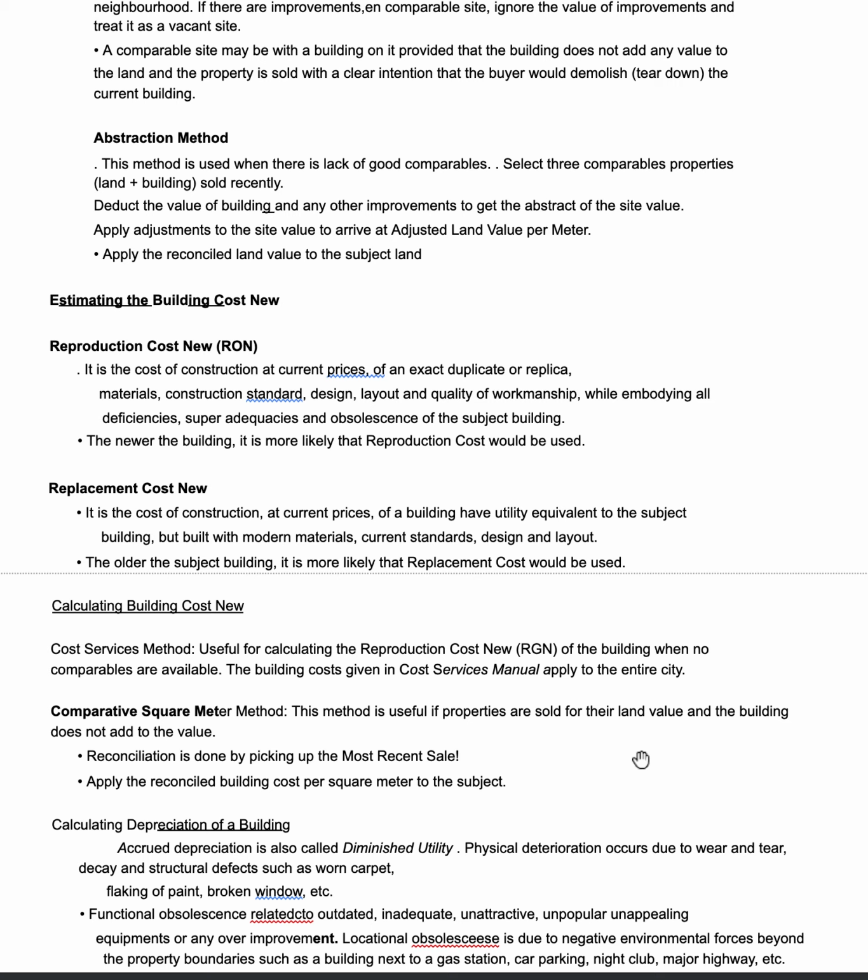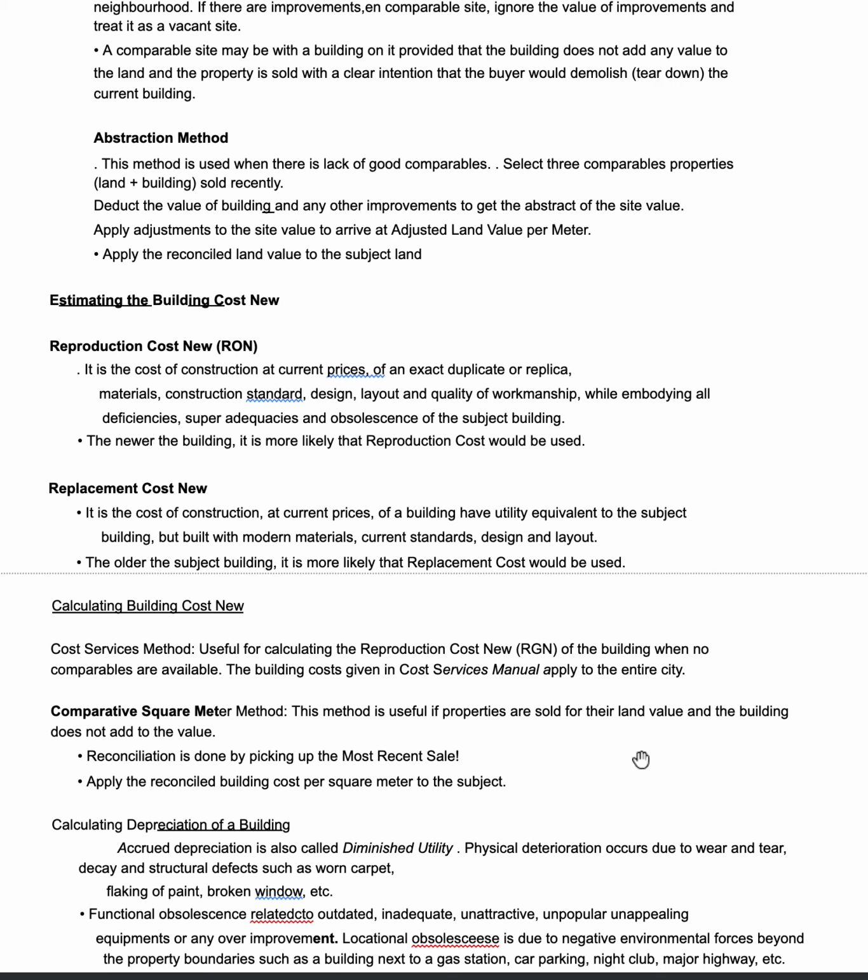The older the subject building, the more likely that replacement cost would be used. So replacement cost is used mostly in older buildings, and reproduction cost is used mostly in newer buildings.